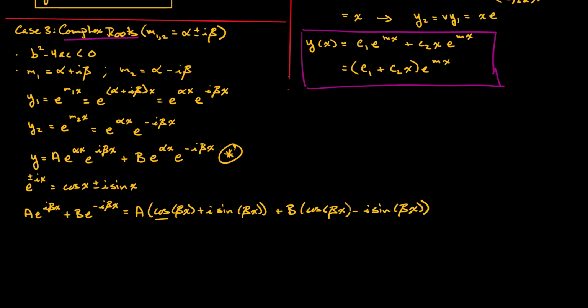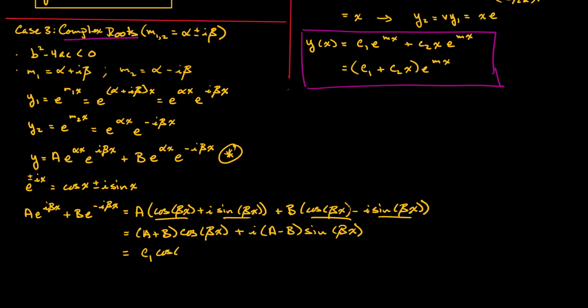Now, finding the common cosine terms and grouping the common sine terms, we have a plus b multiplied by the cosine of beta x, plus i times a minus b multiplied by the sine of beta x, which allows us to say that we just have some constant c1, because a plus b are both constants.